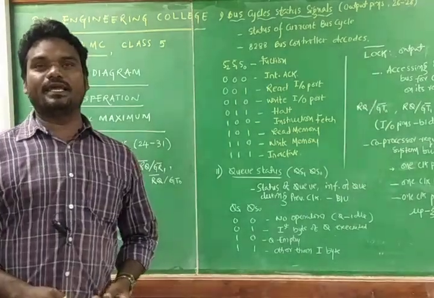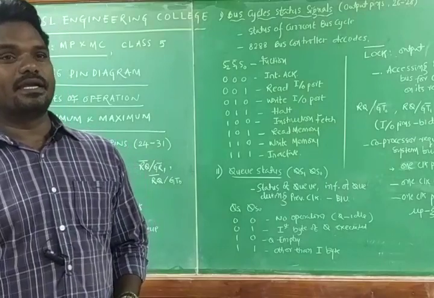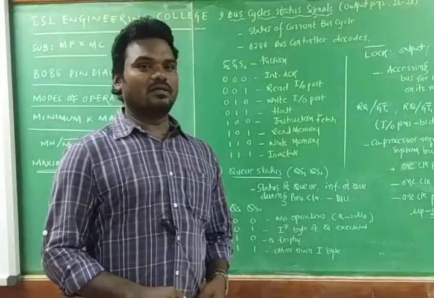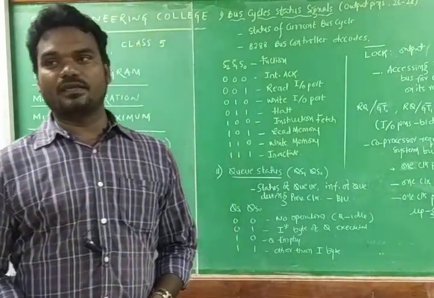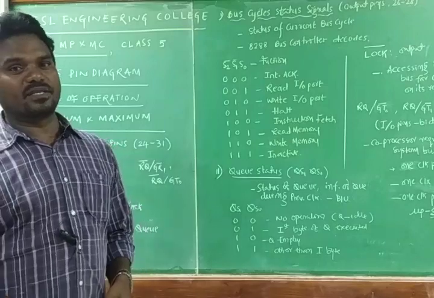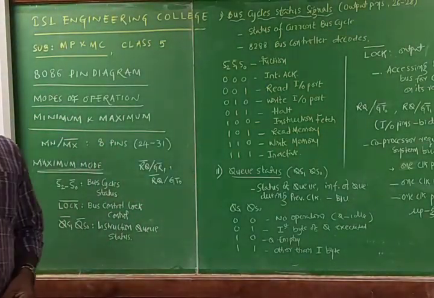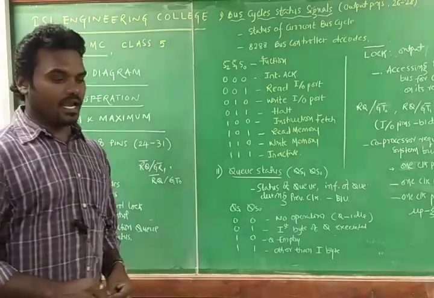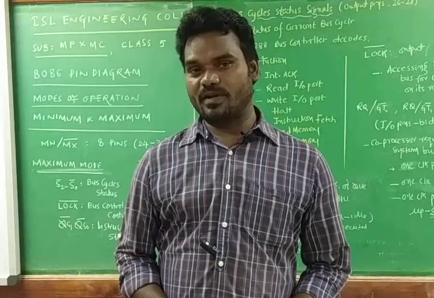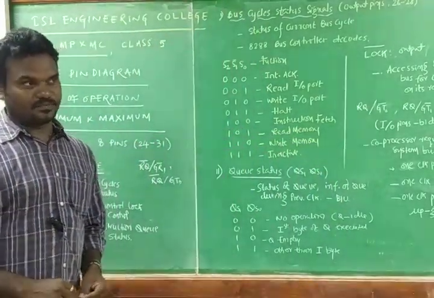As we discussed earlier, 8086 microprocessor is a 40 pin integrated circuit in which 32 pins serve the common function in various modes of operations, that are minimum mode of operation and maximum mode of operation, and the remaining 8 pins serve the specific function in case of minimum mode and maximum mode of operation.